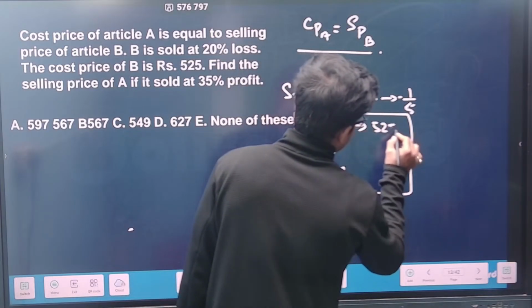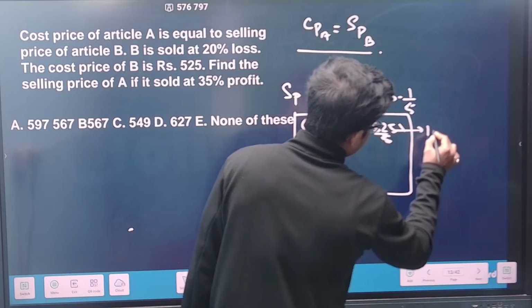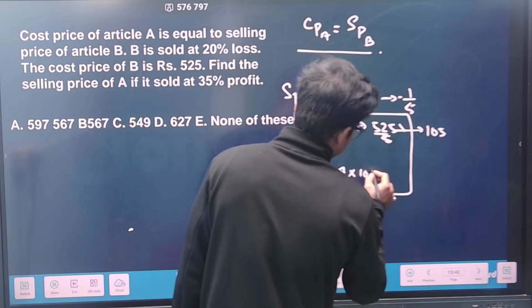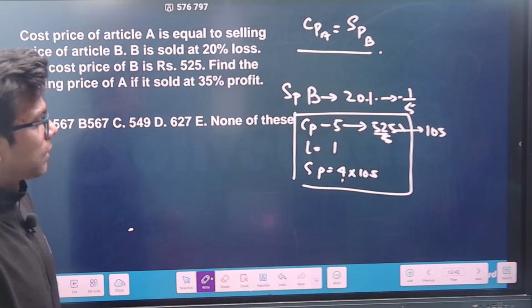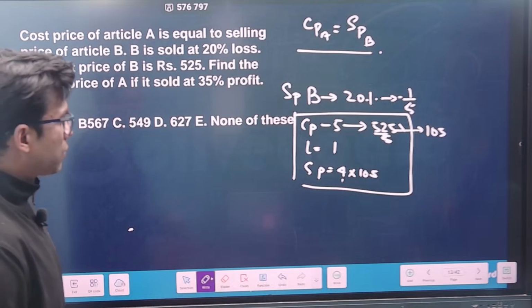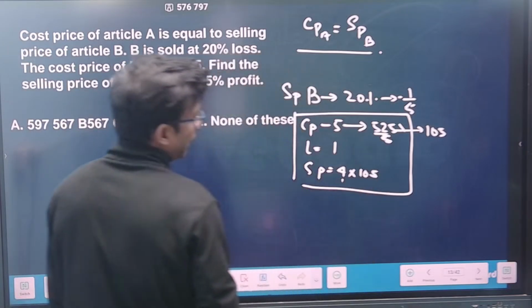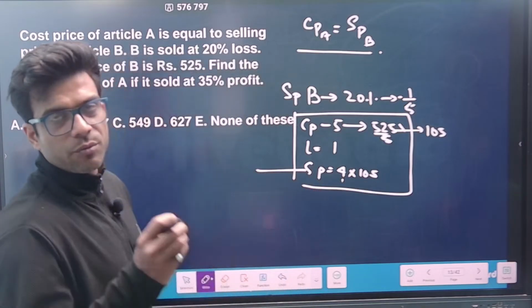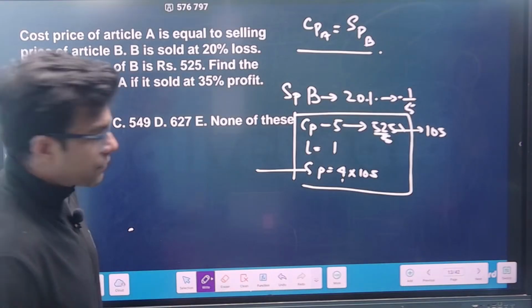So if I divide this by 5, I would get 105. So 4 into 105, because the value of 1 would be 105, correct? So if I need to figure out the value of the selling price, it would be 105 less than the cost price, and 105 less would be 420.